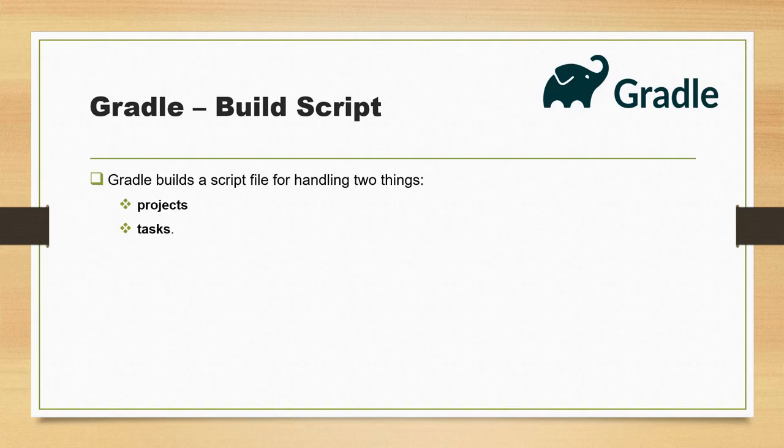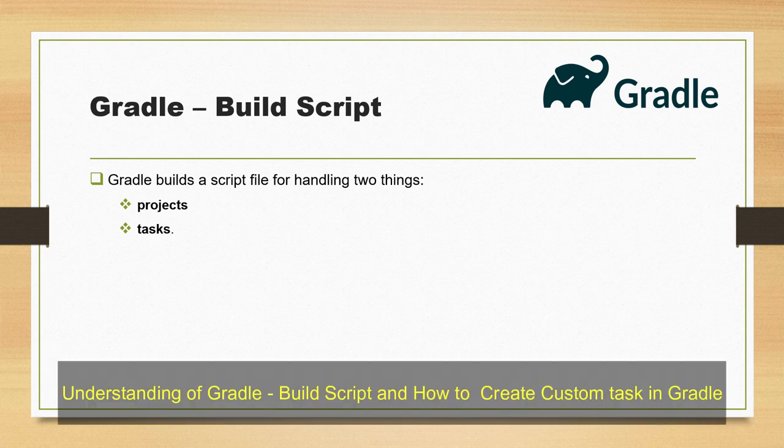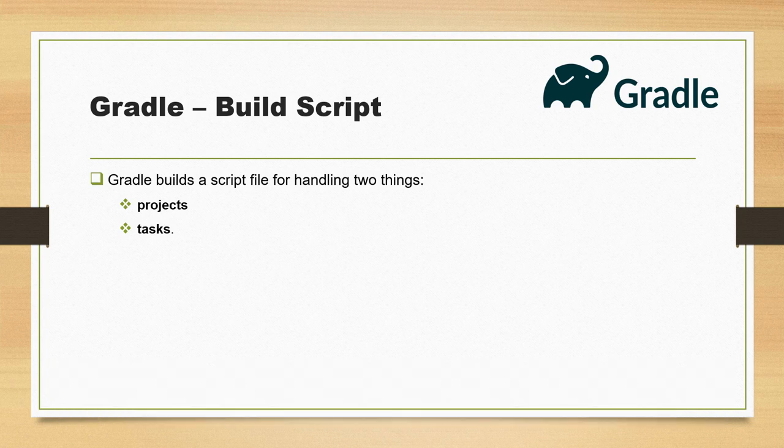Here, guys, one thing I will tell you: a Gradle build script file handles two things. First one is the projects, and another is the tasks. Every Gradle build represents one or more projects. So Gradle can have multi-module projects, with a parent-child relationship, or you can have a simple project containing only one project.